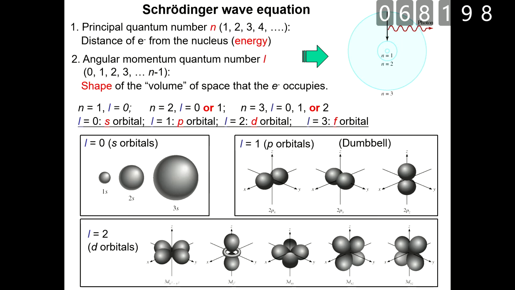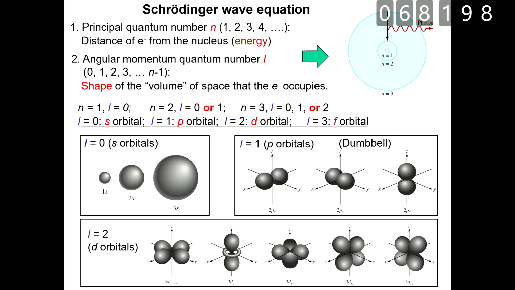For example, if n equals 1, the L can only be 0. If n equals 2, the L can be 0 or 1. And if n equals 3, L can be 0, 1, or 2. So what is 0 or 1 or 2?